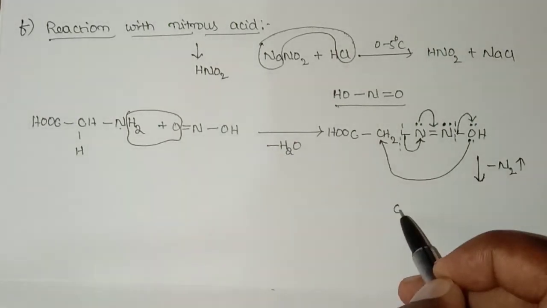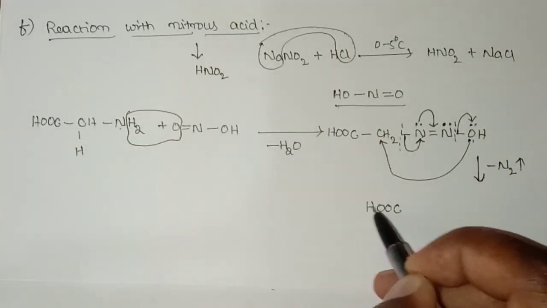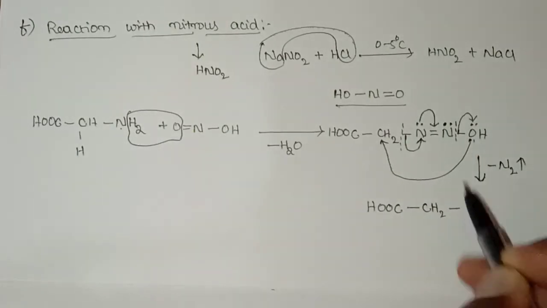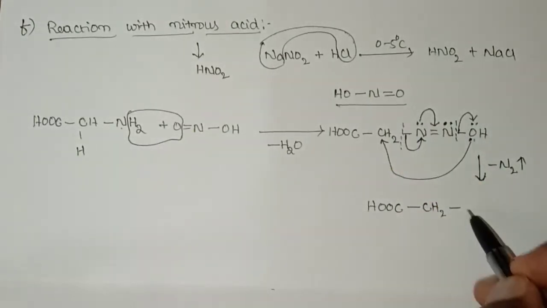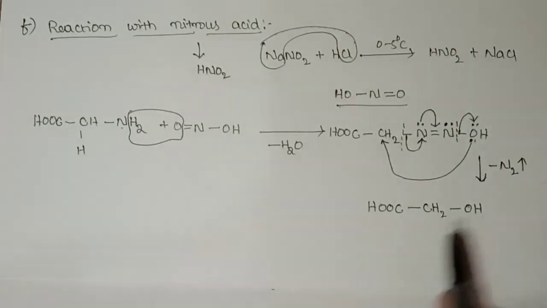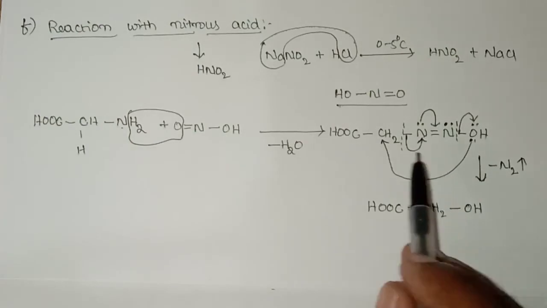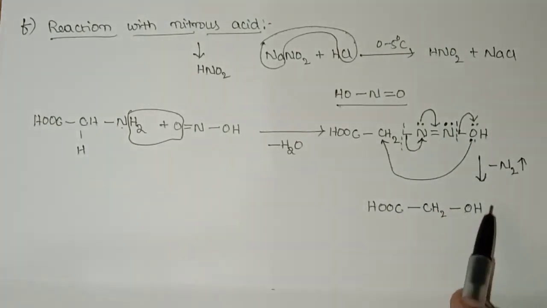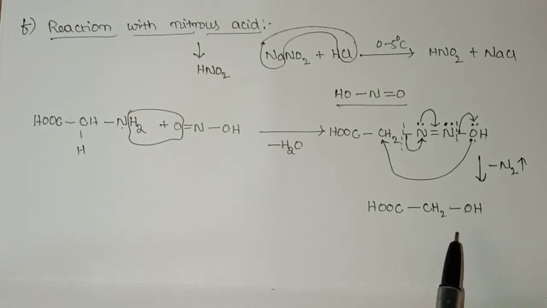The resulting compound will be COOH and CH2, and at the place of N we are observing the presence of OH, right? So completely the amino group is eliminated. At the place of the amino group we are placing the OH group.